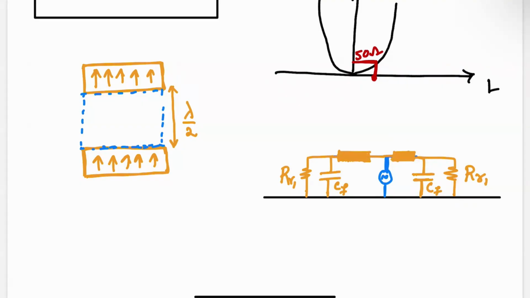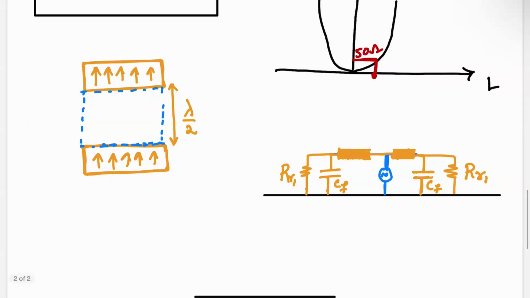Now this is going to be greater than lambda over 4, and this is less than lambda over 4, because the total length is lambda over 2, and the feed is a little bit offset from the center. So, roughly speaking, if I have a capacitive load and a line that's greater than lambda over 4, then most likely it could end up as an inductor, as an inductive load. Of course, it matters what the capacitance is and where you are on the Smith chart, but I'm just speaking roughly.